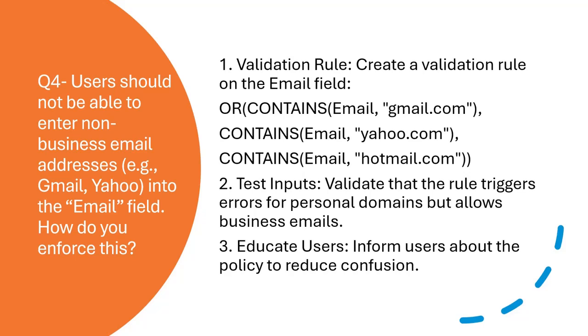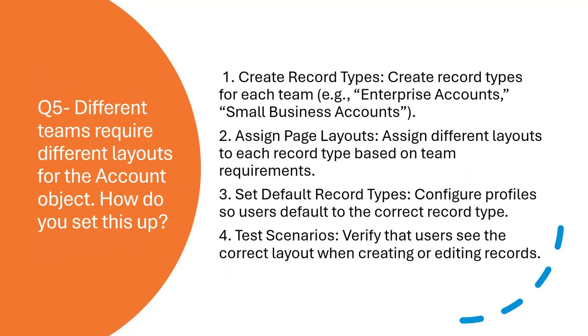So I'll use everything in the OR operator, and if any of these meet the criteria, it should show an error message to the user. Once that is configured in the sandbox environment, I'll validate this rule, and once that is working fine, I'll push the changes to the production instance, and then I'll inform users about this validation rule to avoid any confusion.